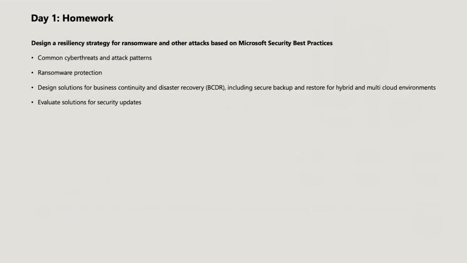Also, you'll cover evaluating solutions for security updates. These are the topics that you have to complete in your homework activity using Microsoft Learn and the official SC-100 Microsoft page, where all these topics are listed. So this is what we have in the day one agenda.